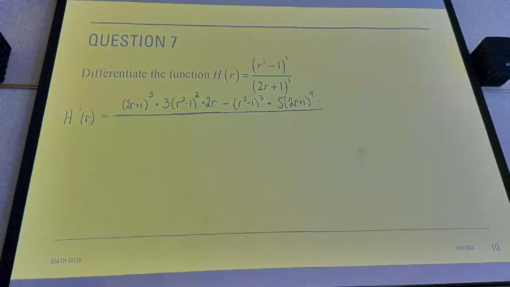What we're taking the power of. It does. What is its derivative? 2. So multiply by 2. And then the final piece. Square the denominator. Time for some algebra.